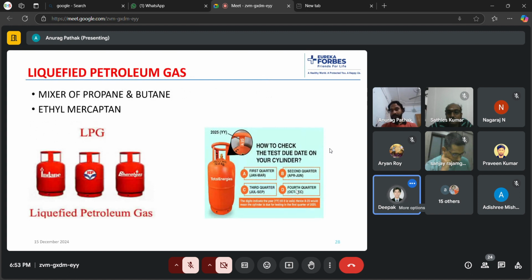Sir, what does quarter mean? Financial quarter means April, May, June, or January, February, March is the first quarter. Which will be the first quarter? Already written here, friends. Deepak? Yes, sir, January to March.